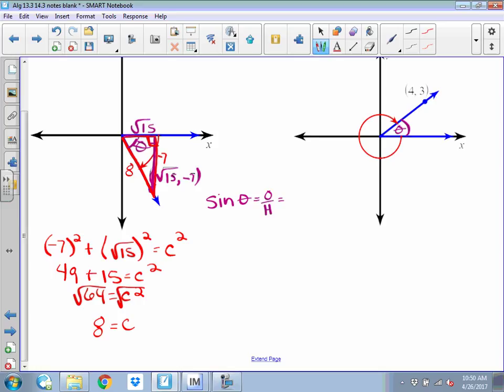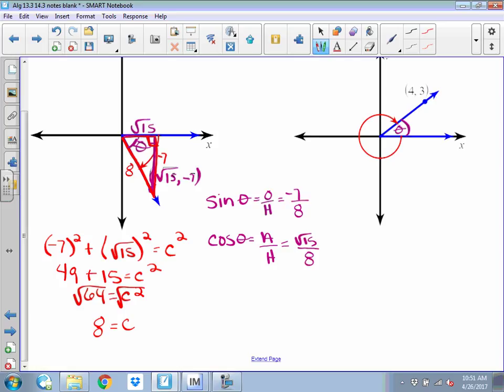Negative 7. And hypotenuse is 8. Cosine is adjacent over hypotenuse. What's adjacent? Square root of 15, and hypotenuse is 8.